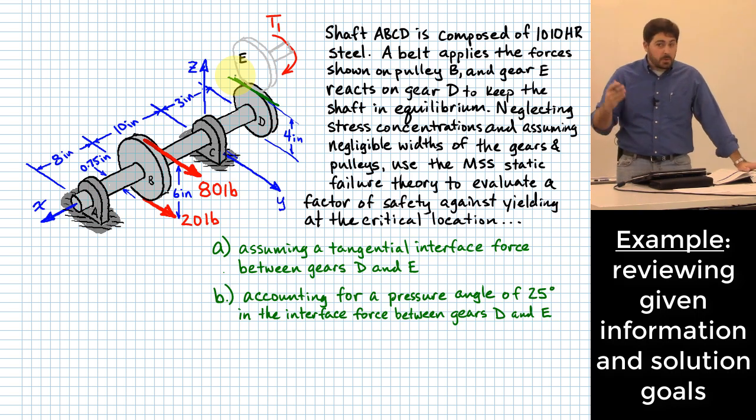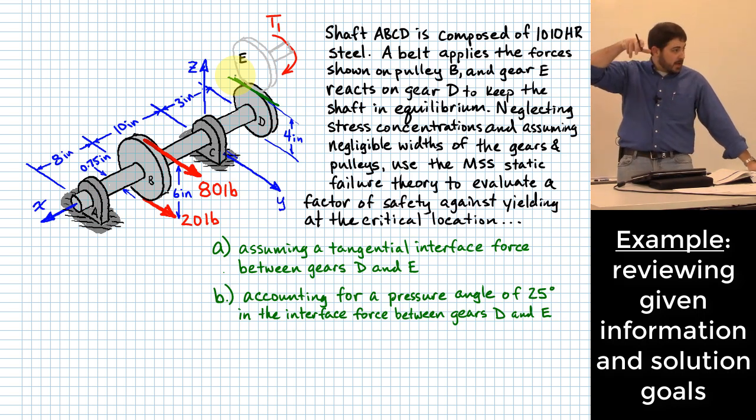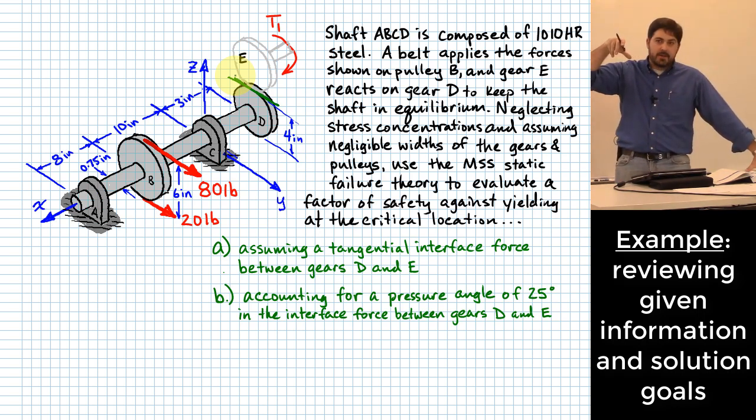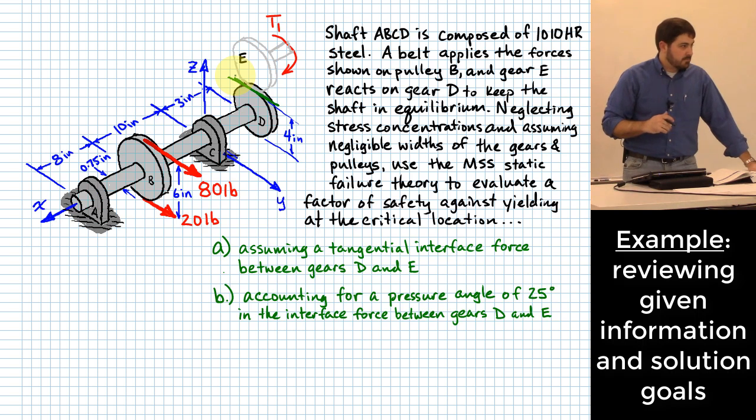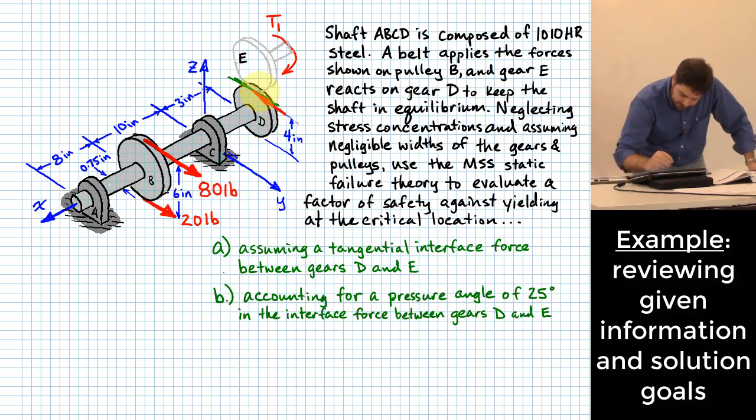If there was no force acting on gear D, what direction would this shaft want to turn? Kind of toward the direction that the 80 pounds is pulling, it would try to go that way, right? Because it's more of a force up there. So we have to react against that. And so I would say it looks to me like that force would be applied something like this. Okay.